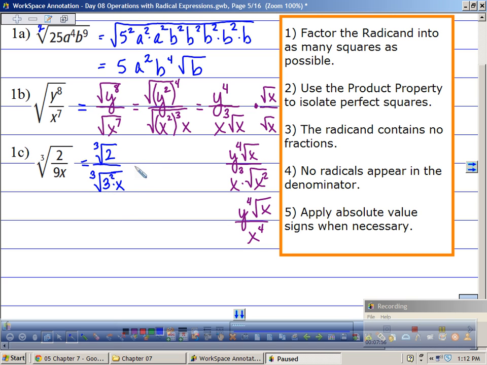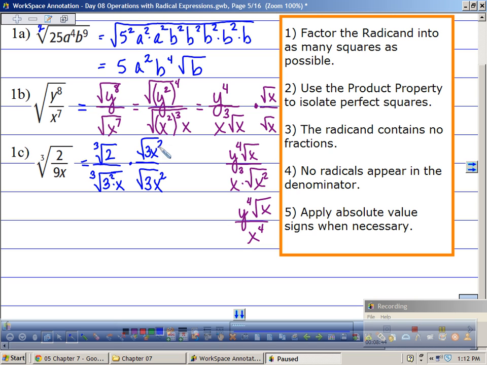I need to get rid of the radical. What would I multiply by to get rid of the radical? That would give me x squared. Is that going to help me out? It's a cubed root. I need 3 of them. So don't I need 2 x's to make a total of 3 x's? Right? What else do I need? I need 1 more 3.